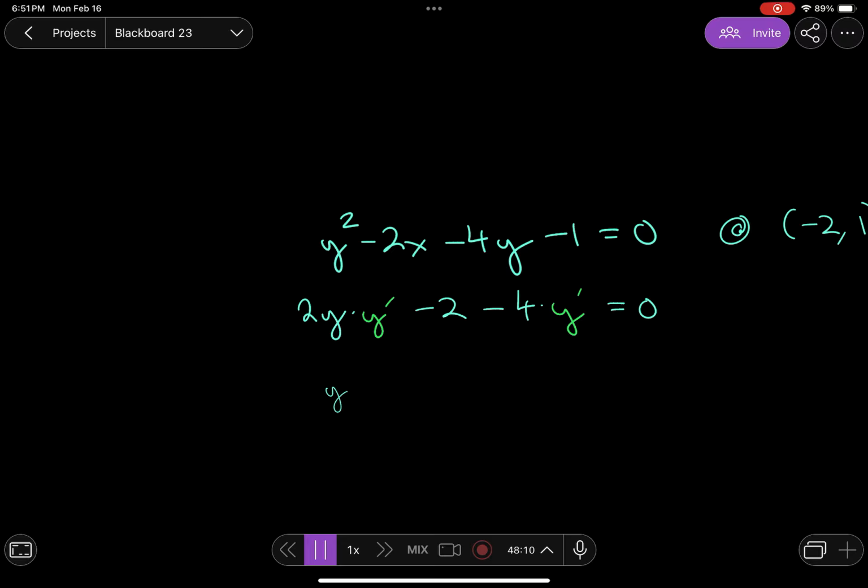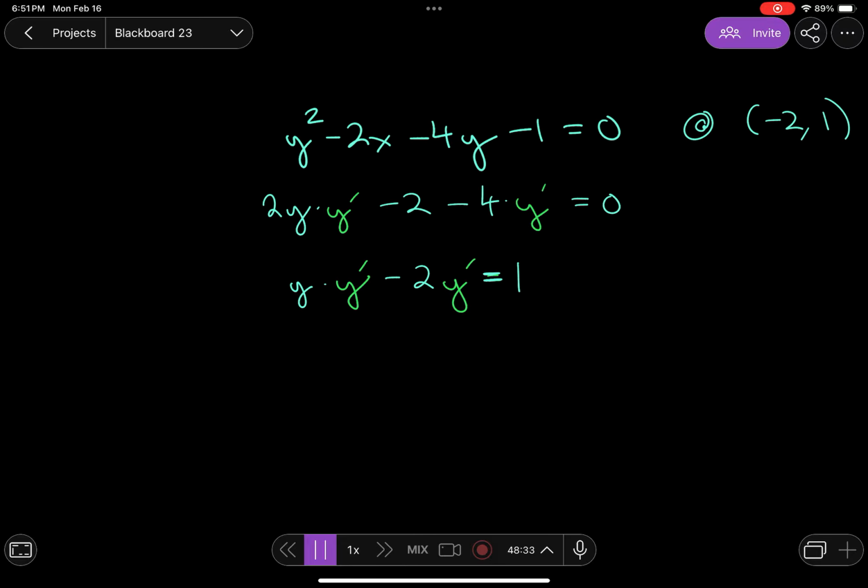So that'll be y times y prime minus 2 y prime is equal to 1. That tells me that y prime is equal to 1 over y minus 2.